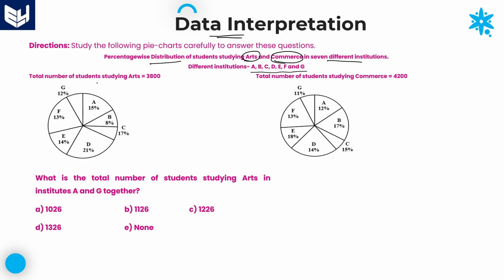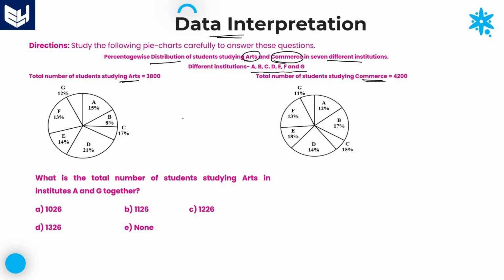Here if you look at the first pie chart, total number of students studying in arts. This is the chart which is showing number of students who are studying in arts, whereas the second pie chart is about commerce. And A, B, C, D, E, F, G, these are the 7 different institutions and the percentage distribution of number of students are given among arts as well as commerce in these two pie charts.